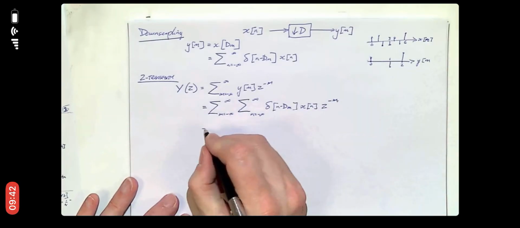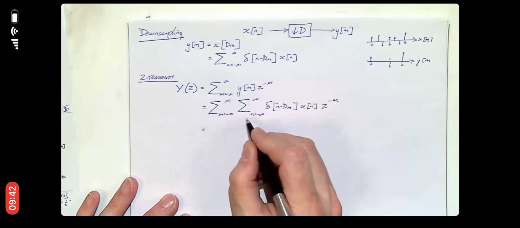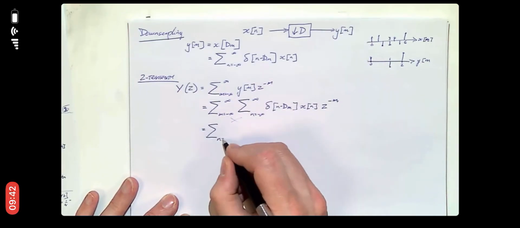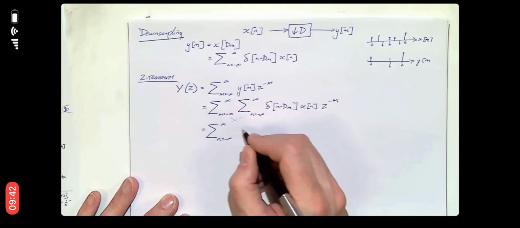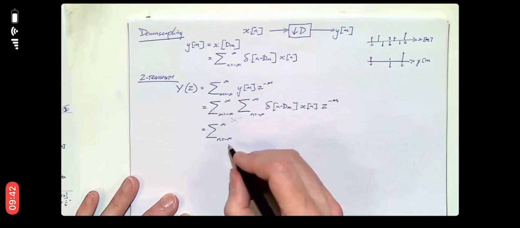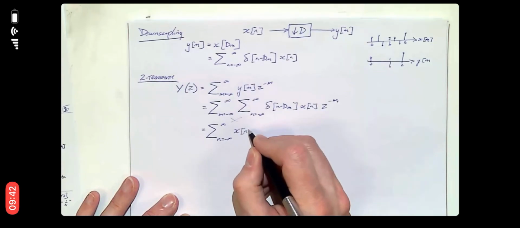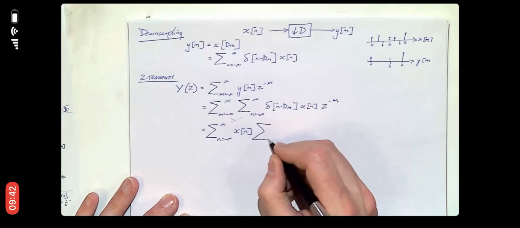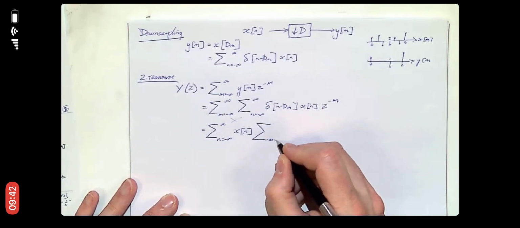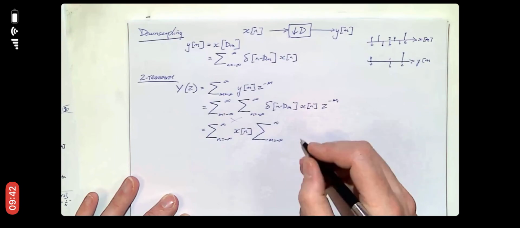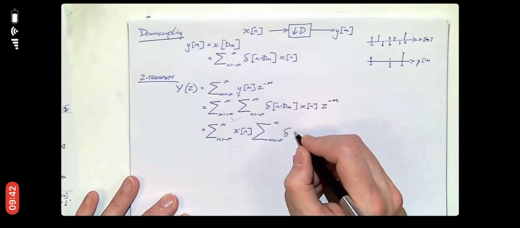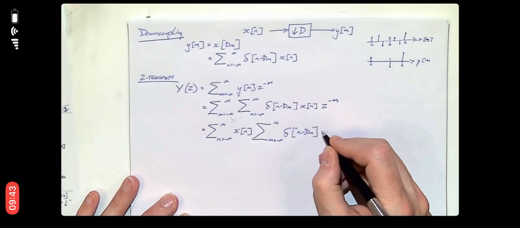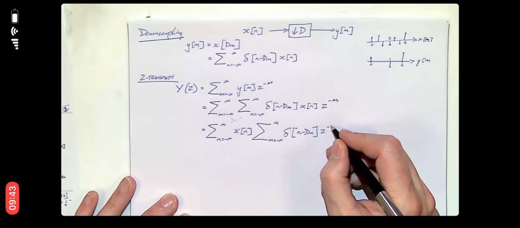And as before, we change the order of our summation. So now we're summing over n from minus infinity to infinity, and x of n comes out from there because it's not dependent on the m that we're summing over next. Next is the sum over m from minus infinity to infinity of delta of n minus dm, z to the minus m.